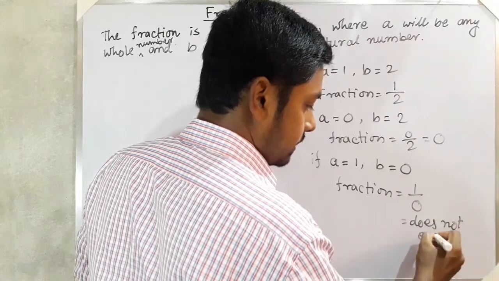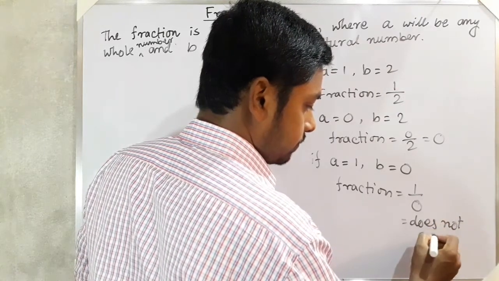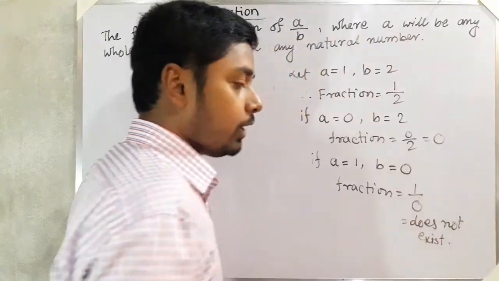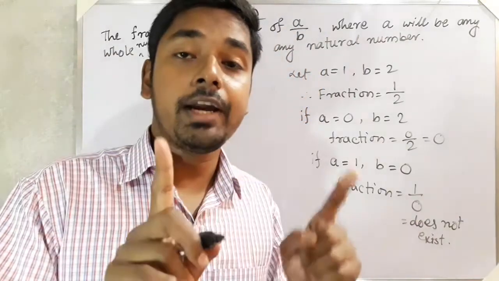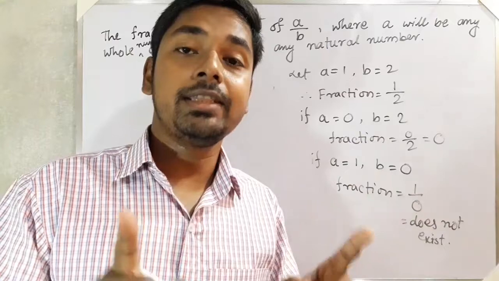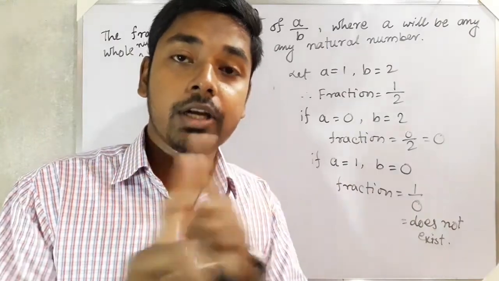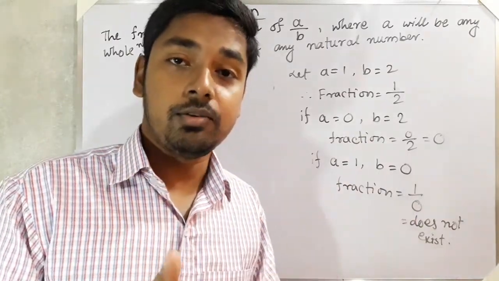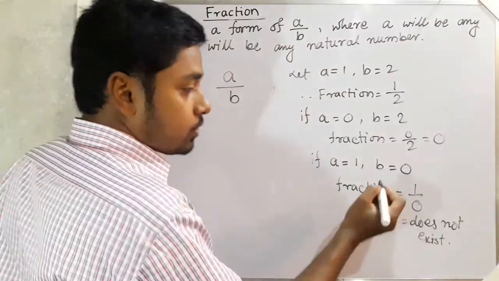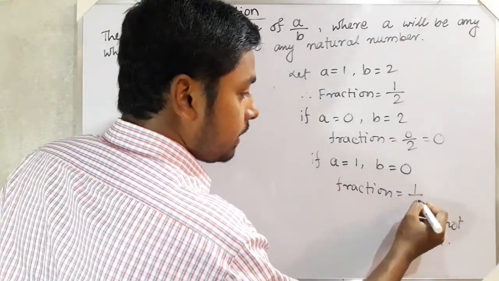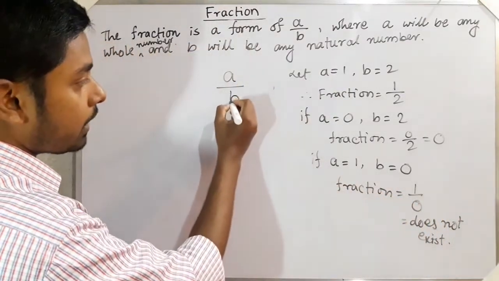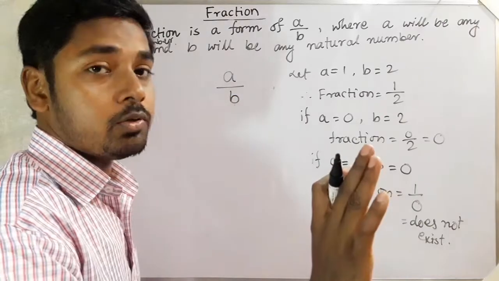Why? Because we cannot divide a number by 0. So here b, that means the lower part, can't be 0.